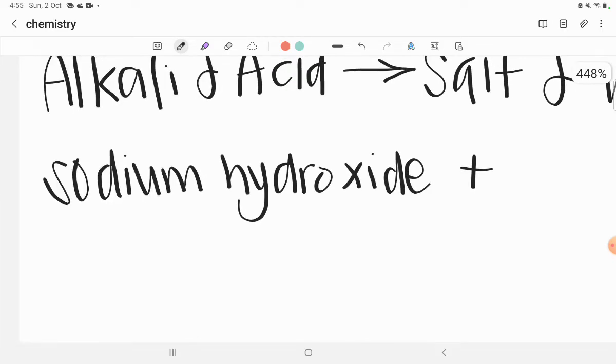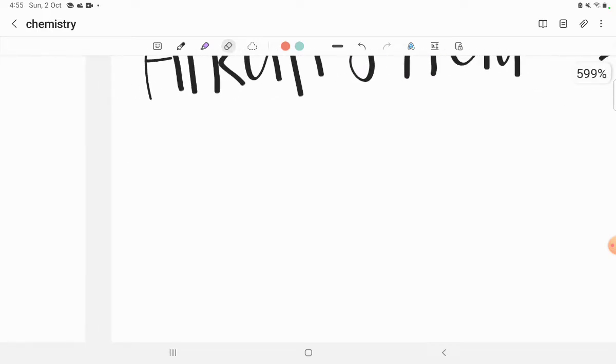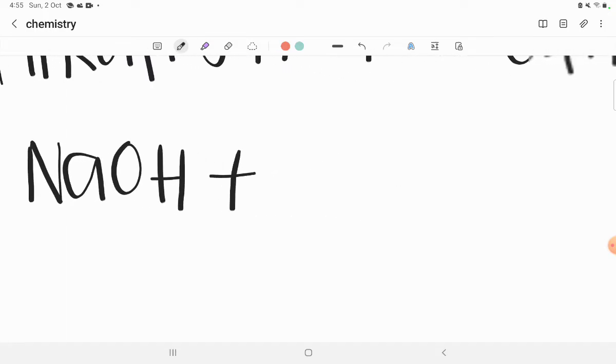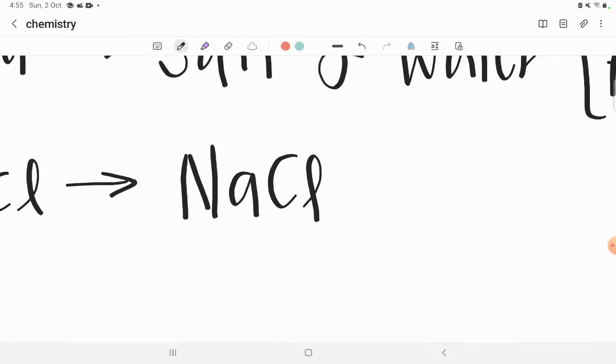Sodium hydroxide and hydrochloric acid. Let's go. NaOH plus HCl. That will give you literal salt because it's NaCl. NaCl is your table salt plus H2O.